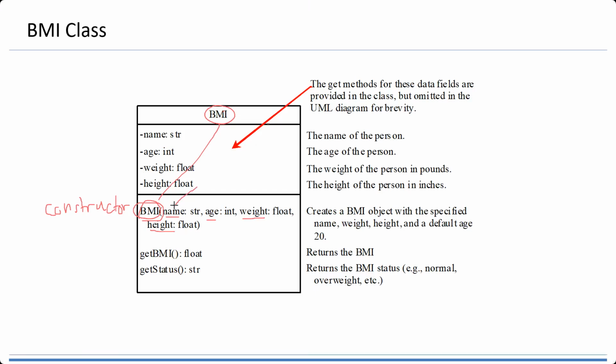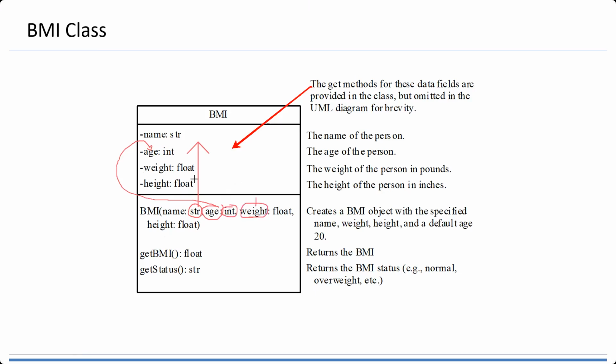First, this is the name, this indicates the data name. And str, what is str? This indicates the data type string. H, this is the data, and this indicates the data type.